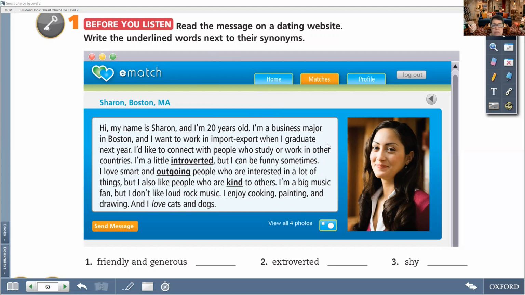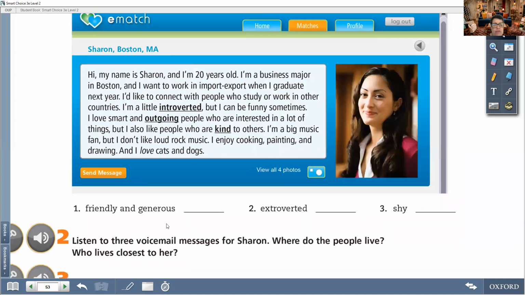All right. So here we saw the definitions: friendly and generous, extroverted, and shy. Okay? So which word do you think means friendly and generous from the text here, from the 3 words that are underlined? Which one do you think?